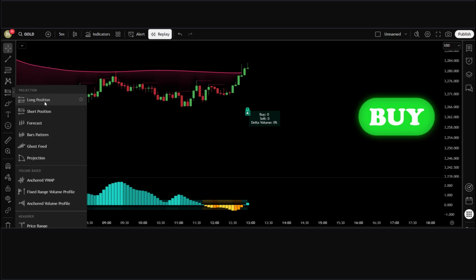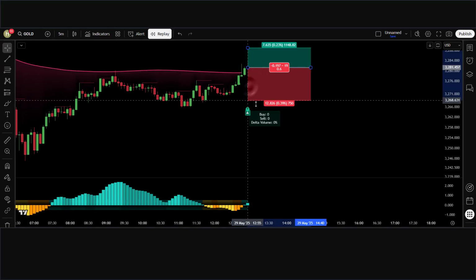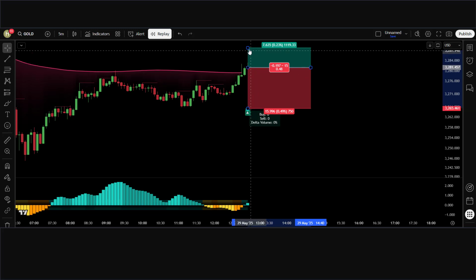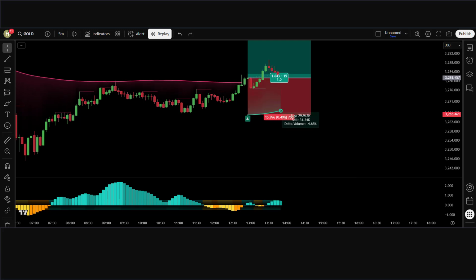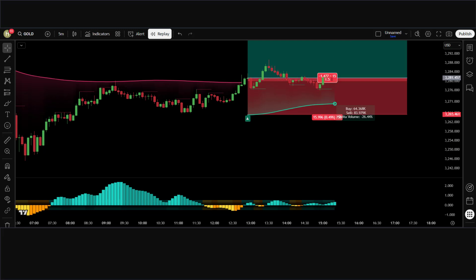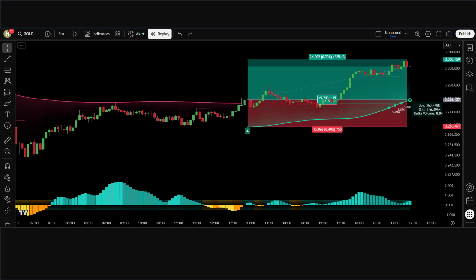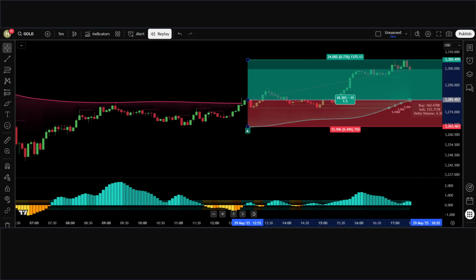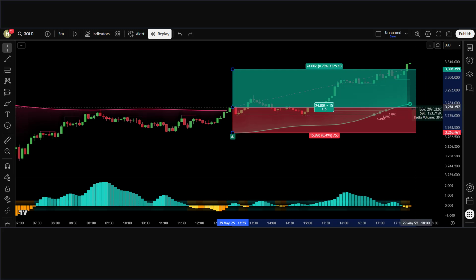If this condition is fulfilled, then we will place buy order. Our stop loss will be placed at the plot line of VIDYA indicator. And the risk to reward ratio will be 1:1.5. The market has completely hit the target.